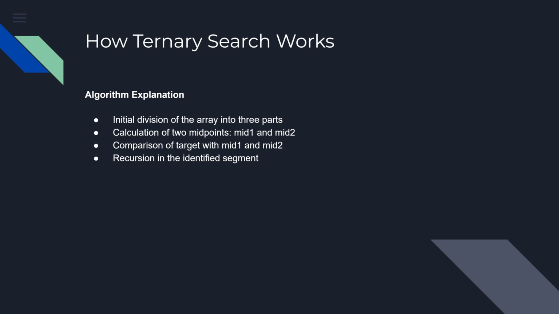And we then compare the target value with these midpoints to determine which segments to focus on. This process repeats recursively until the target is found or the interval is empty. So this also relies on the initial array that we are given before this ternary search performs to be sorted.